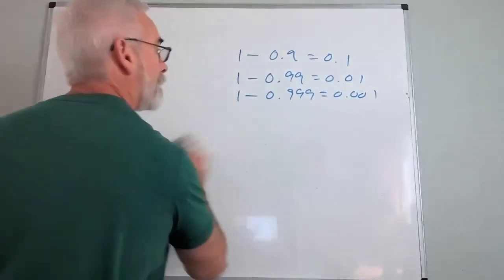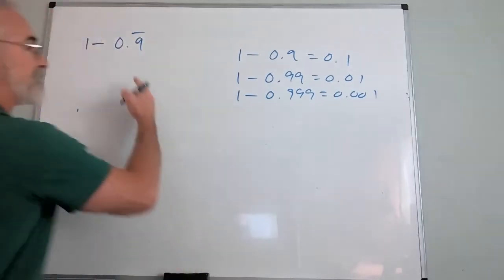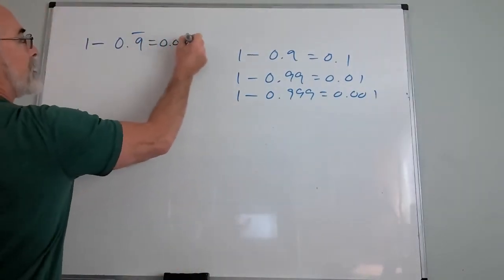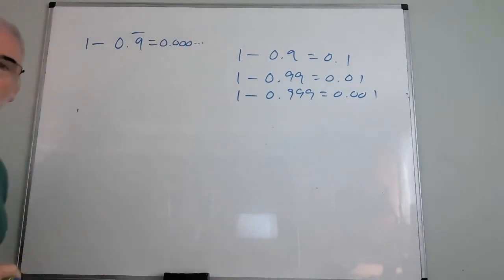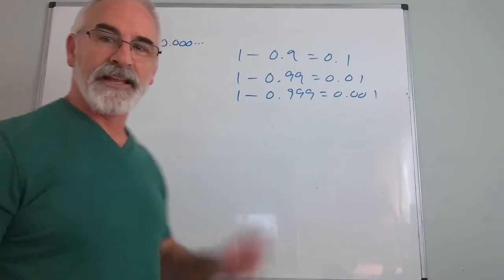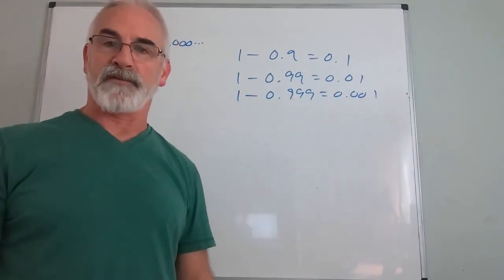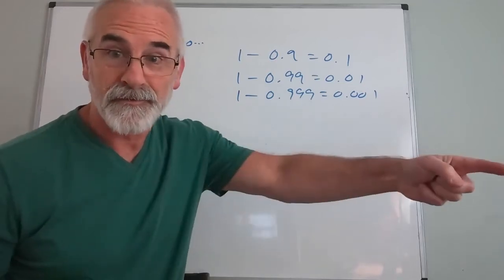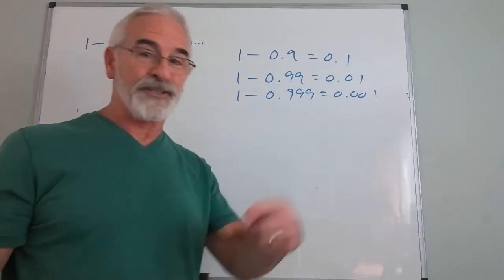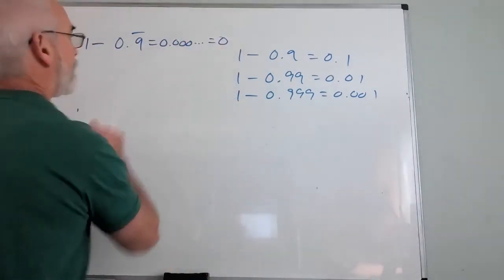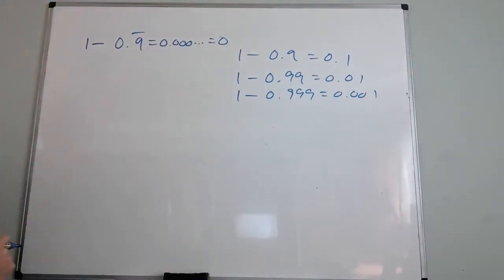Okay. So then what is it if it's forever 9s? Well, wouldn't that mean that this is forever 0s before I reach my first 1? If it's forever 0s before I reach my first 1, will there ever be a first 1? No, because it's forever 0s. I never actually get to the 1. That's the first proof.